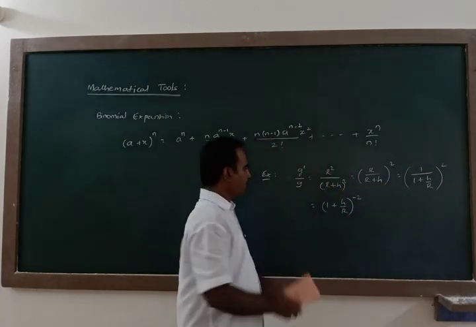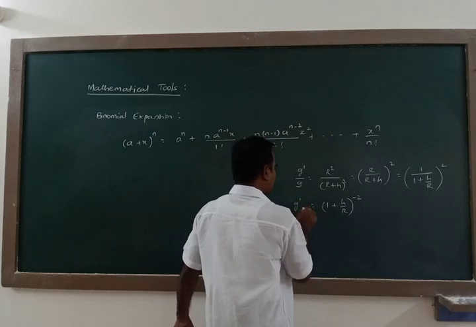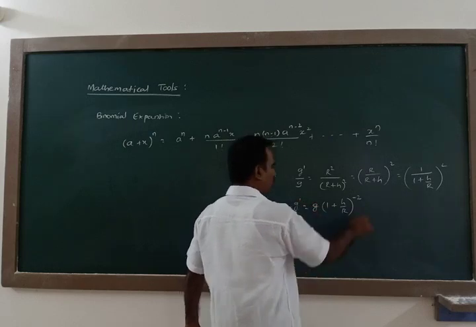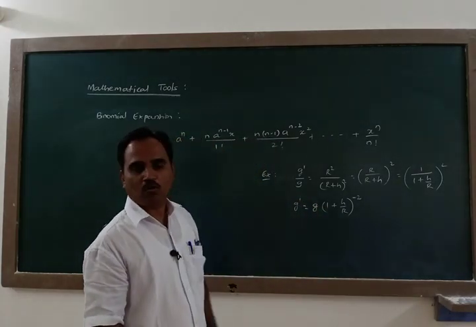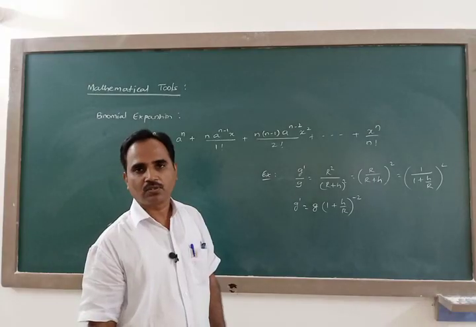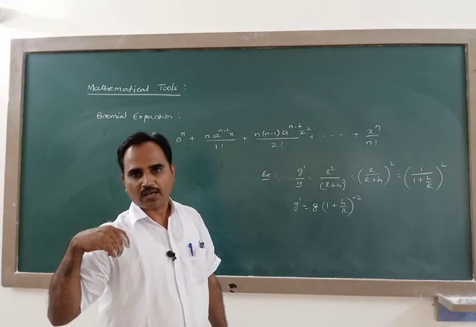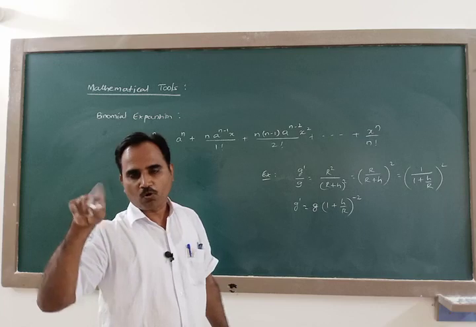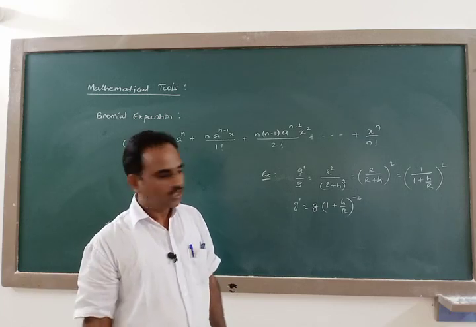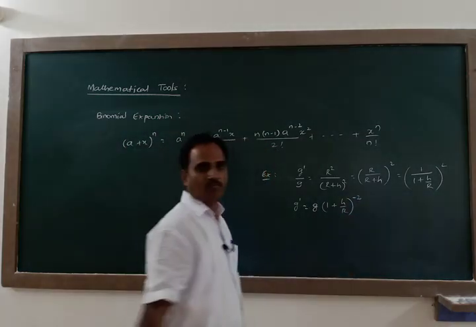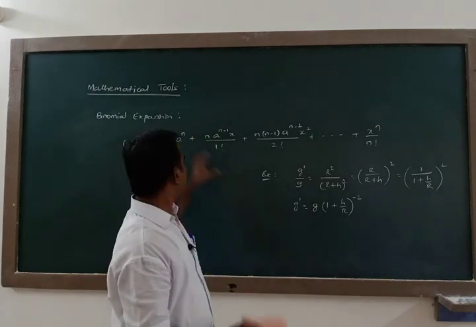So this g dash is equal to g into (1 + h/R) to the power of minus 2. You know (a + b) whole squared, but this is (a + b) to the power of minus 2. In such a case, how do we expand this? We use the binomial expansion.